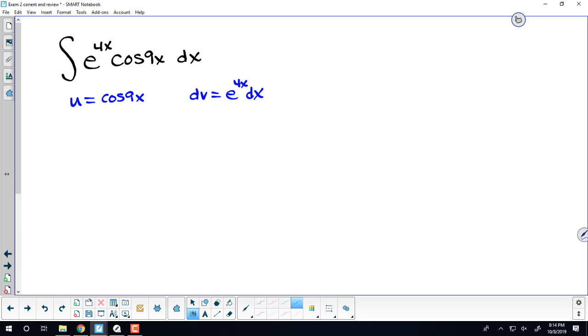So, I think what makes this problem a little more tricky than the one we worked in class is for sure the 4x for e and the 9x. So you get all of these coefficients hanging out. So du is minus 9 sine of 9x dx.